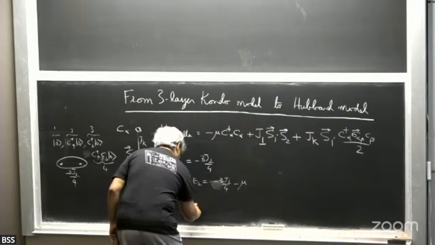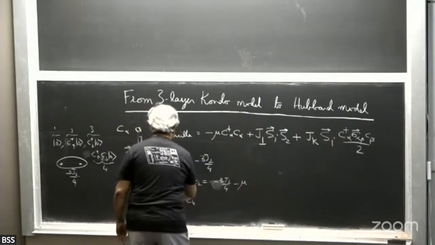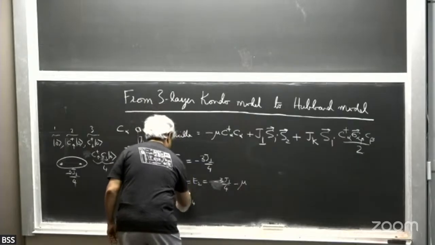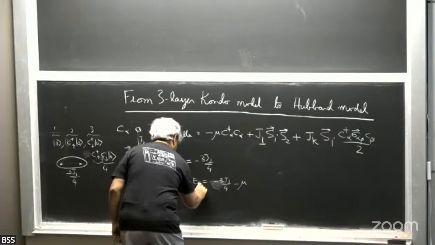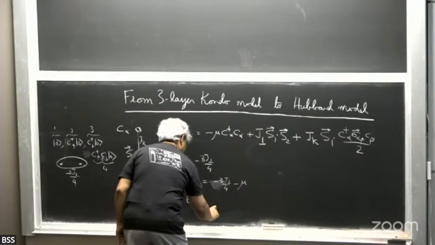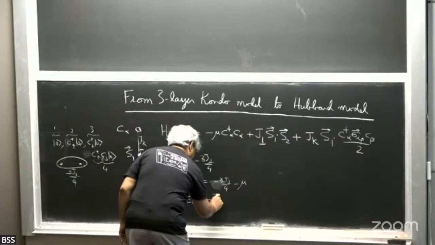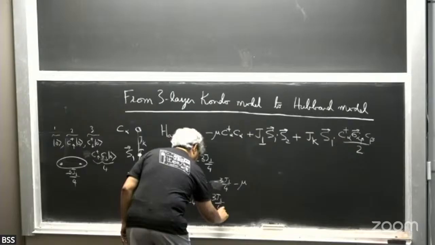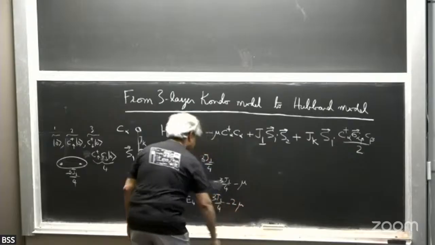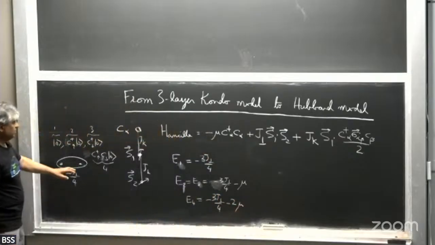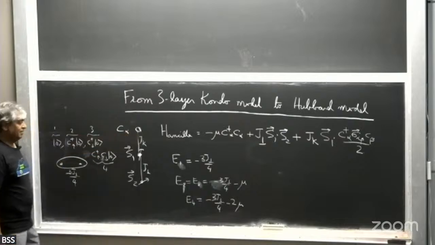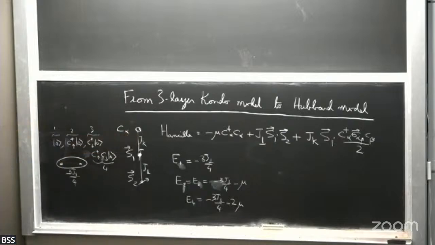And E3 is minus 3 J perp over 4 minus 2 mu. So this is in the limit that JK is 0. Okay, so now let's do perturbation theory in JK.